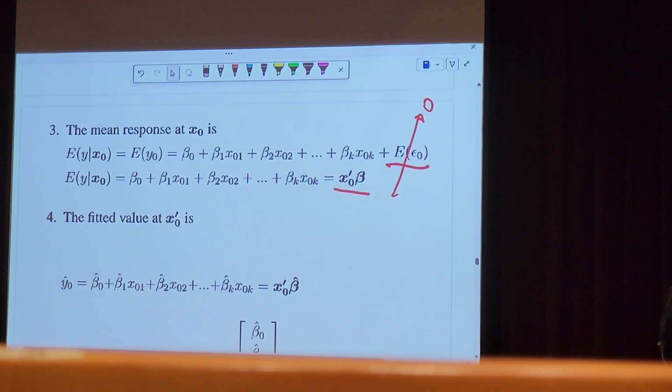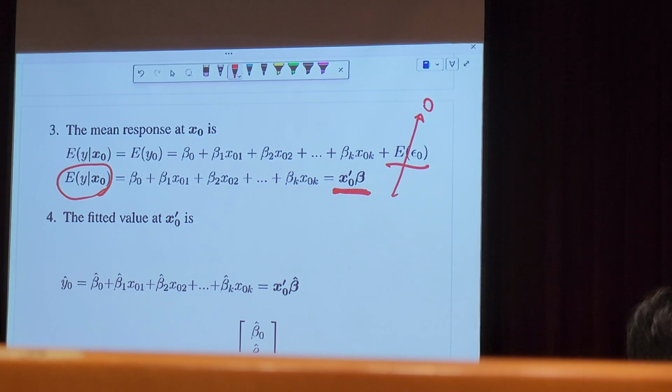Okay? Now what about the fitted value? So we now know what the mean is. This is the quantity that we want to estimate, that we want to construct a confidence interval for. It is a linear combination of the betas for this set of regressor values.